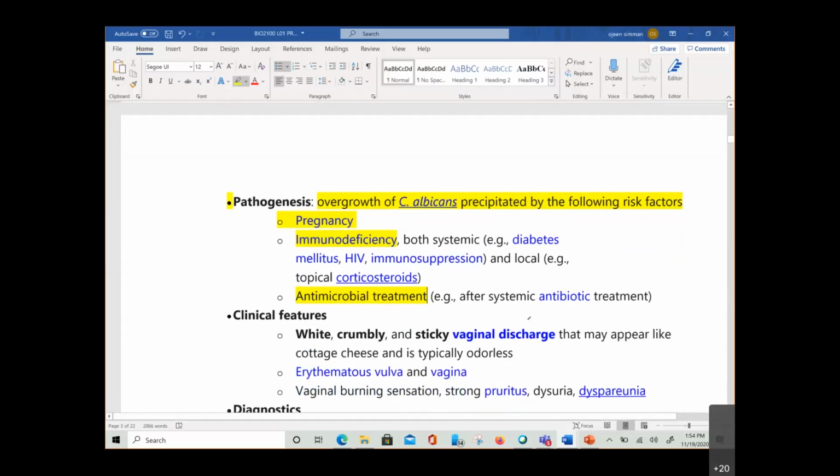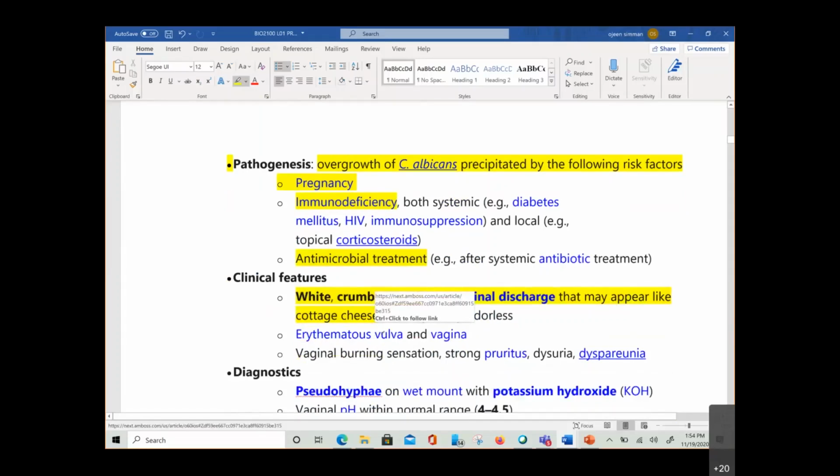Clinical findings that are unique to Candida albicans are a white, sticky vaginal discharge described like cottage cheese. In the physical exam, it shows erythematous vulva and vagina, which means that they're red and swollen or inflamed.